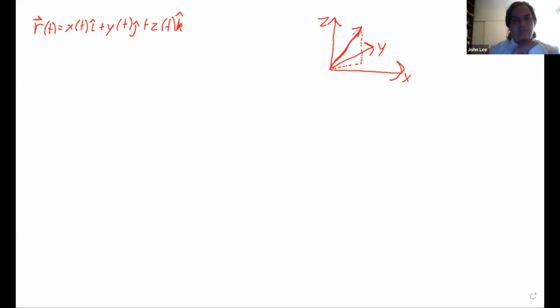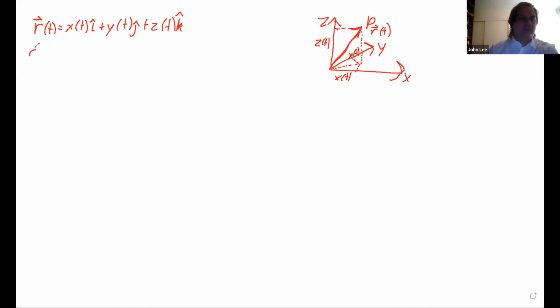So right here is z of t high, x of t on the x-axis, and y of t on the y-axis. That gives you a point P at some vector r of t.